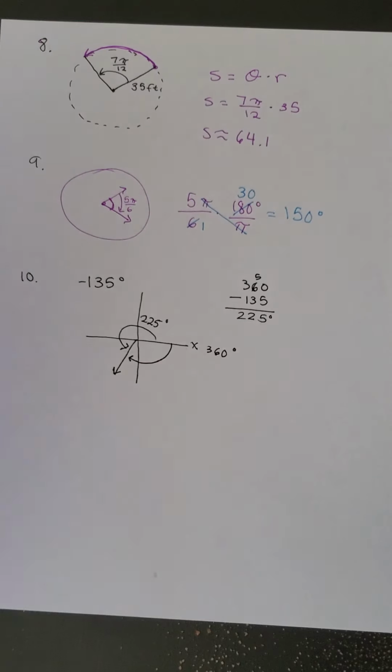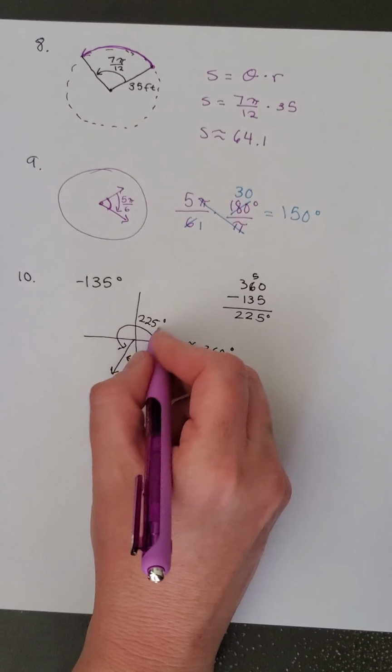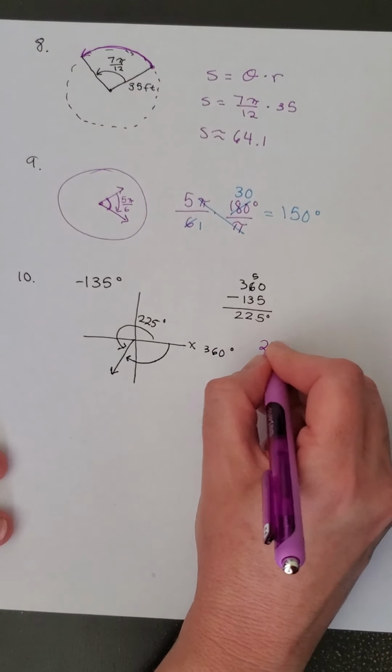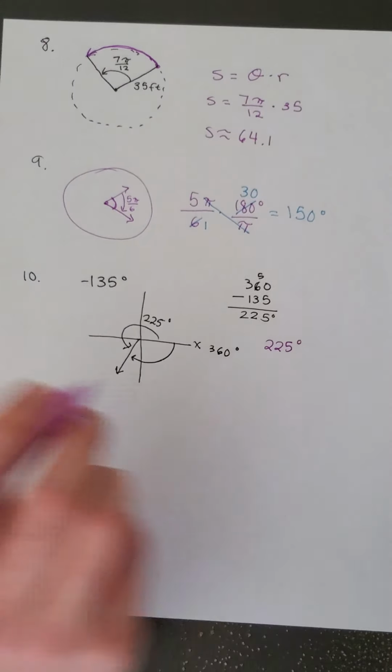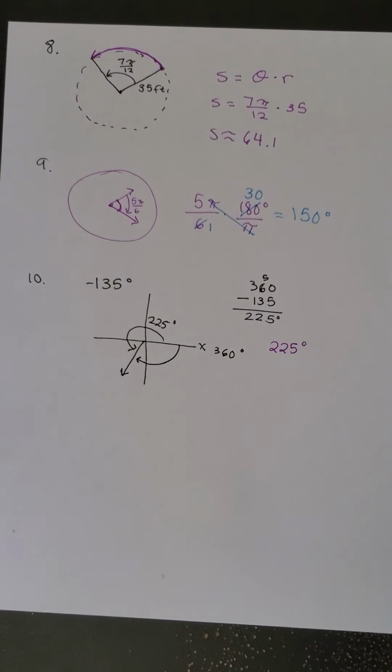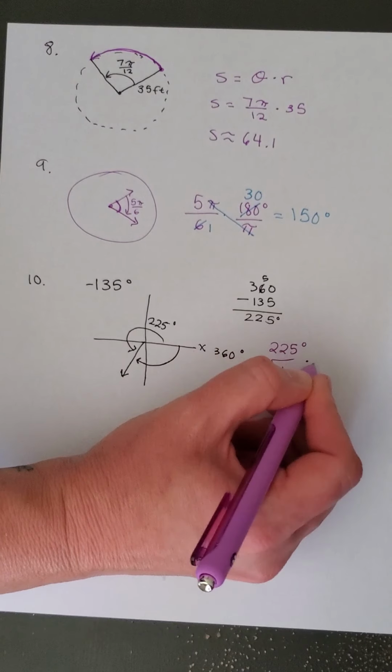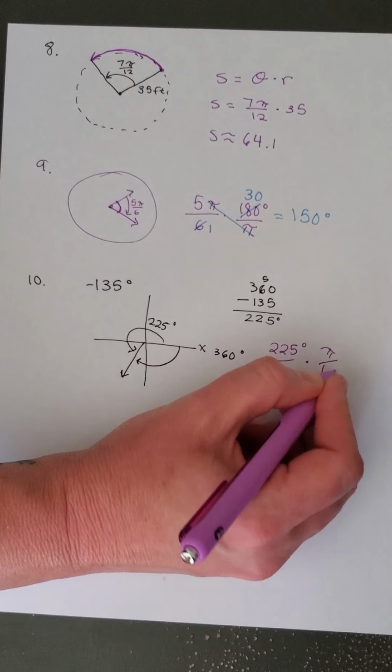But our choices are given to us in radians, so we're going to convert this into radians. So 225 degrees times pi over 180.